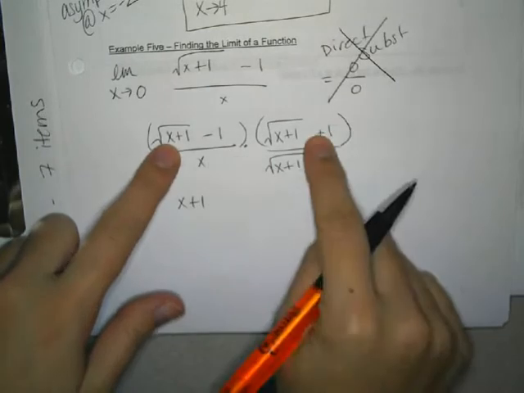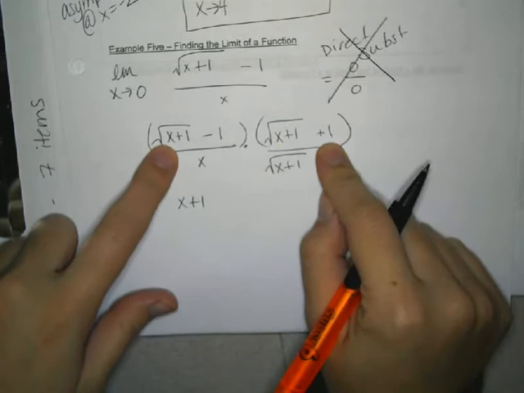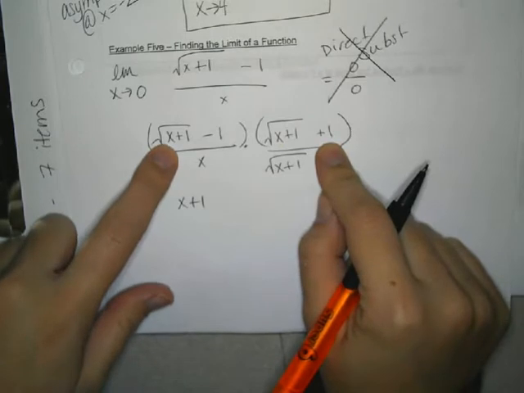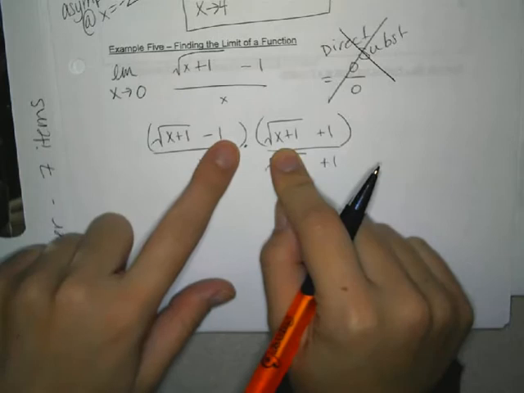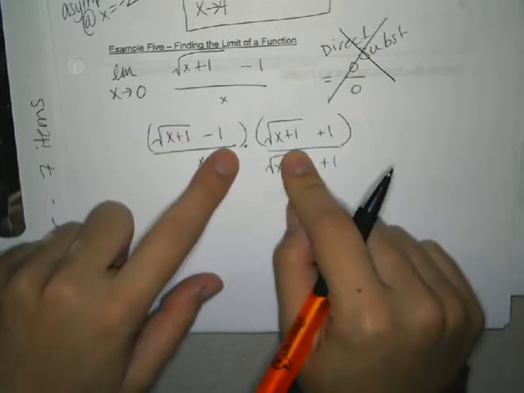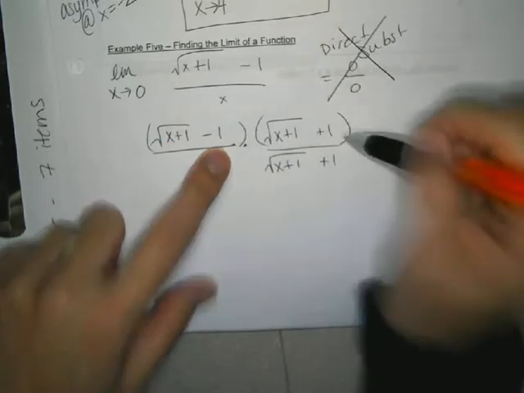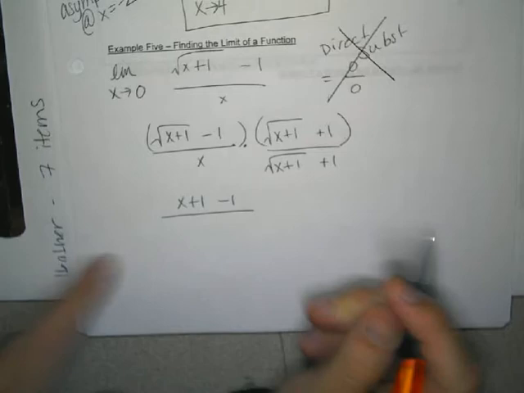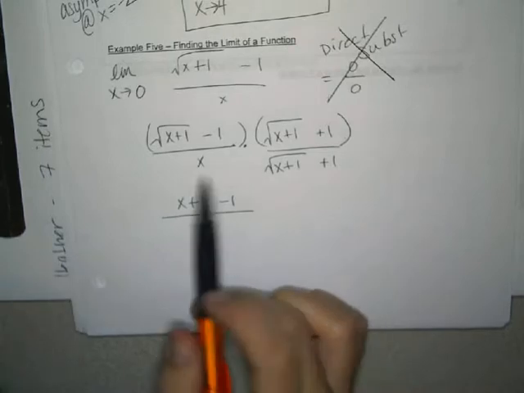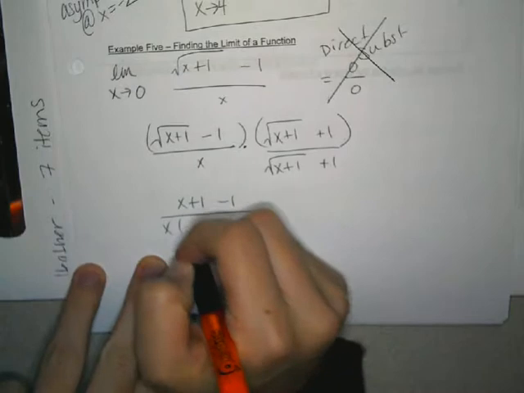Okay, because I need to FOIL because these are technically two binomials. So that's my first term. My outer term is positive square root of x plus 1, but what's my inner term? Negative. So the outer and the inner are going to cancel. That will happen because you're multiplying by the conjugate, which is nice. And then negative 1 times 1 gives me negative 1. Now on the bottom, we need to multiply these together, but don't worry about distributing it through.